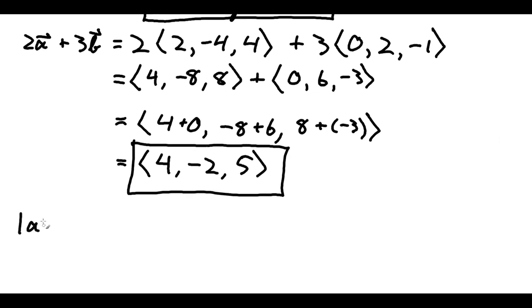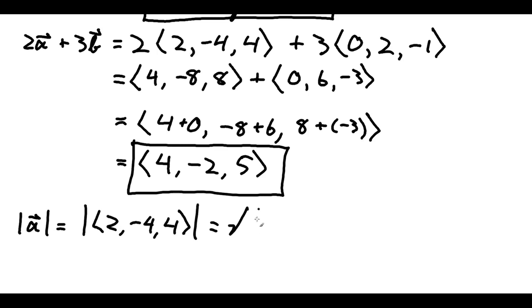So the magnitude of a, I will just write that as the magnitude of this compact version here. We have 2, -4, 4. So that is the square root of, let's use parentheses at first here for symmetry, 2 squared plus -4 squared plus +4 squared.